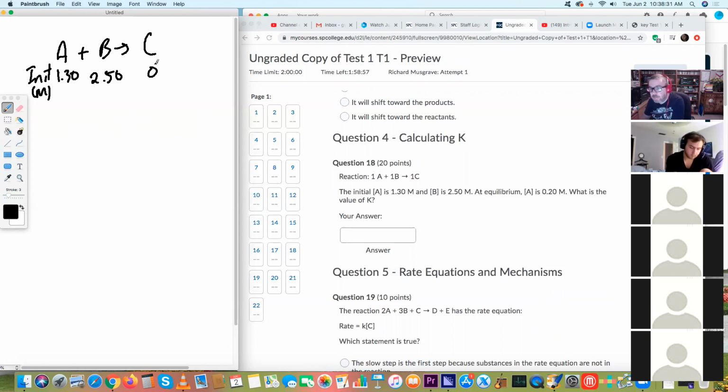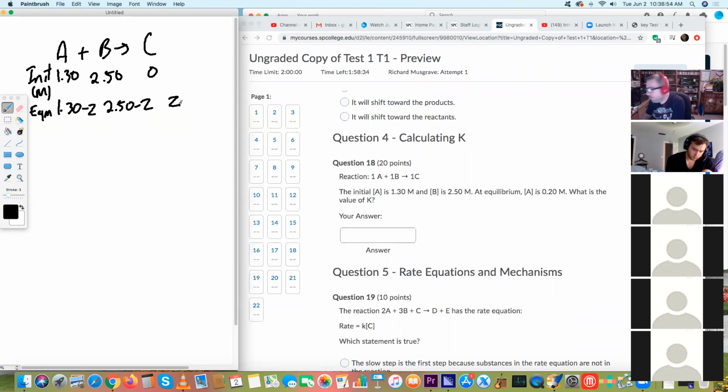At equilibrium, A is 0.20. We're not going to use that yet, but we will in a second. So then we've got equilibrium. So what's going to happen at equilibrium? Well, it's just going to be 1.30 minus Z, 2.50 minus Z. These are just ones and ones, so it's just 1Z and 1Z. And then C is going to be just 1Z as well.